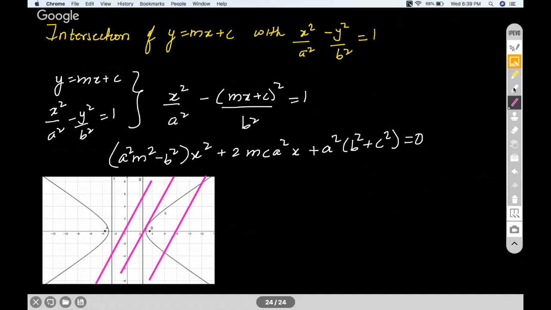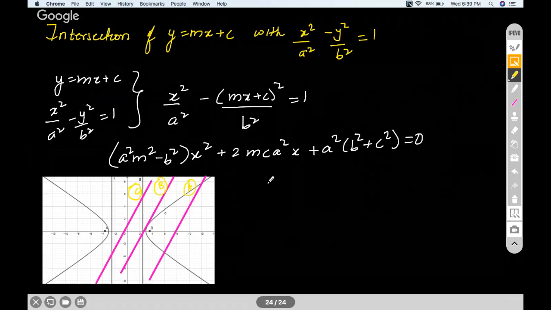So how do we distinguish between situation number A, B, and C? Just by looking at the discriminant of this particular quadratic equation. I'm just going to write down the result, I don't want to waste time simplifying this.